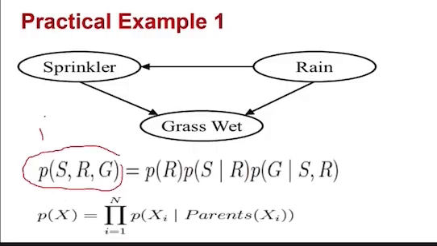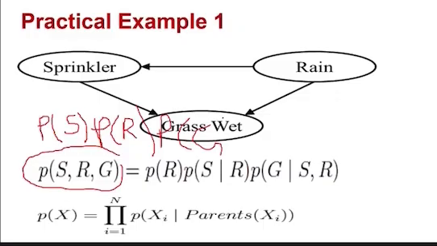This is only going to be equal to the P of S, the P of R, and the P of G. Please pay attention. If all the three events are absolutely independent, we're going to have the product of the marginals. I just wanted you to take note of that. And let me also tell you this.